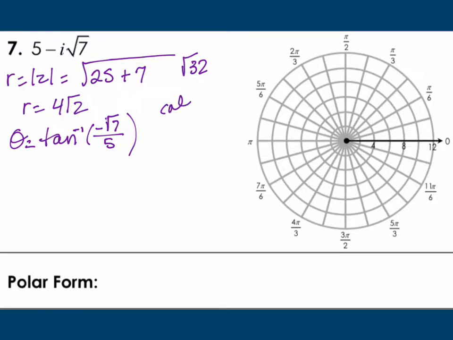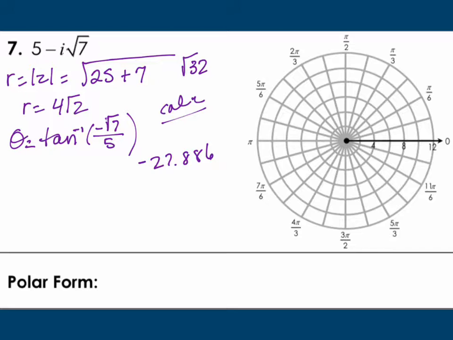So if I take the inverse tan of negative square root of 7 divided by 5, what I get to start off with is negative 27.88.